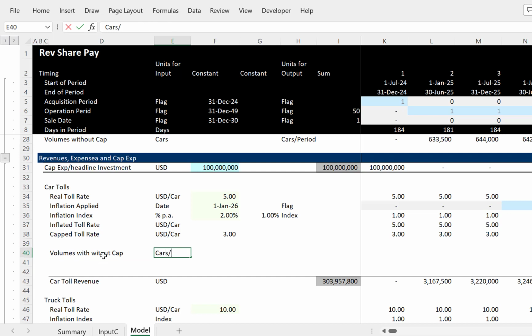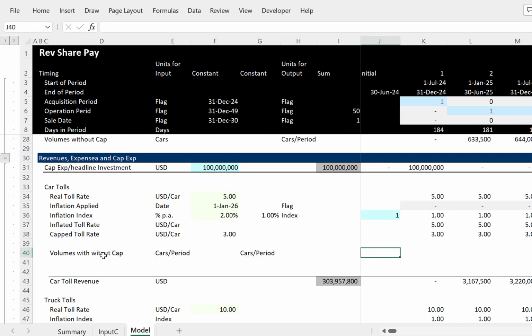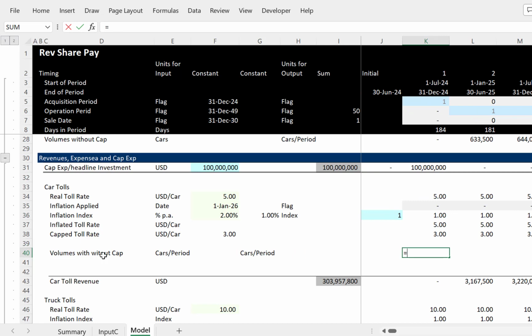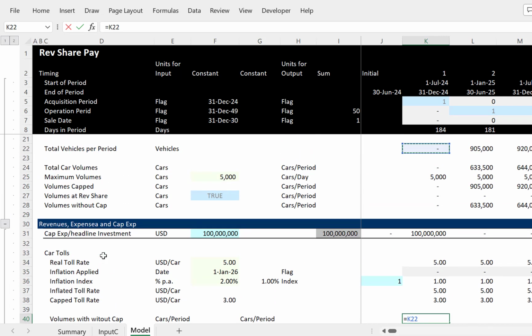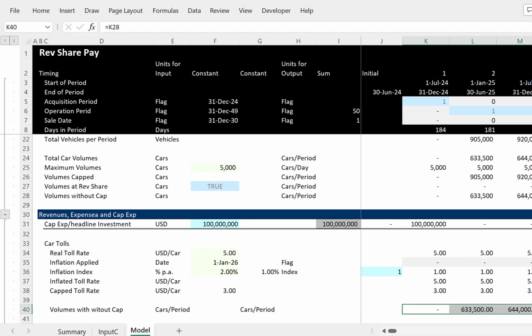Cars per period. I don't know what you think about my little waste of time thing here, but who knows? These people could get so obsessive and not pay attention to doing efficient, really good circular reference resolutions. So this is the revenues without the cap, and that gets the top rate, and then volumes.